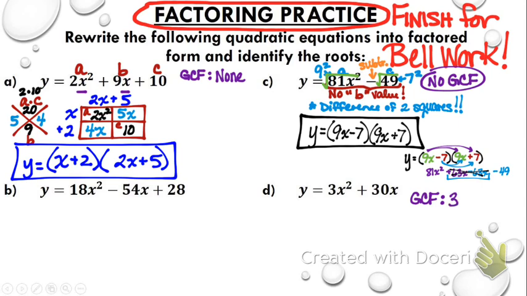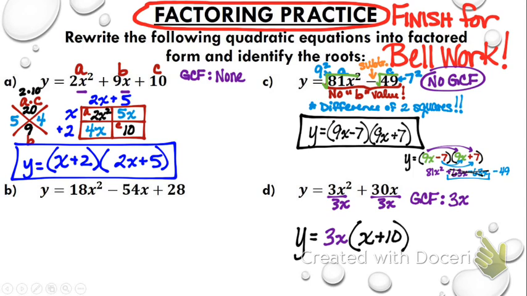Is there anything else that they have in common? They have an x in common. That means it's included in my GCF. Anything that will equally divide them, which does include variables that they share. So I'm going to take a 3x out of each piece. We don't throw away our GCFs. They come out to the front. What would that leave me with?